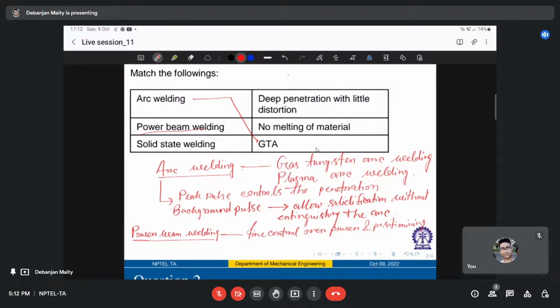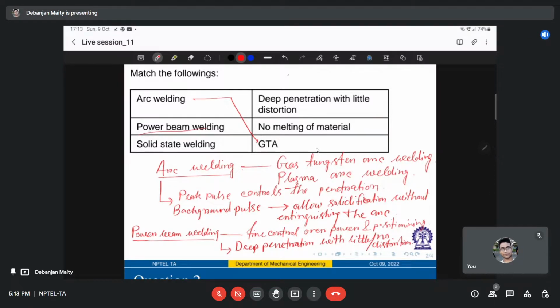In power beam welding, a high energy beam is focused onto a very small spot size. Because it focuses a high energy beam, there will be deep penetration with little or no distortion of the workpiece.